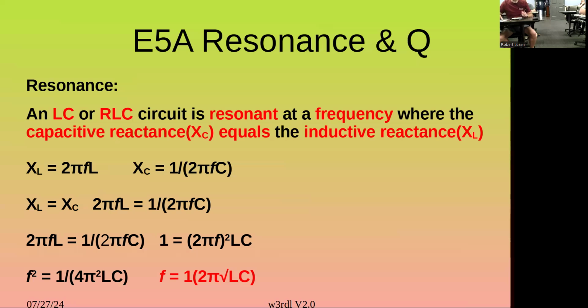So if you set the two reactances equal, you can solve it for the resonant frequency, which is what I showed there, which is 1 over 2 pi times the square root of the product of the inductance and capacitance.